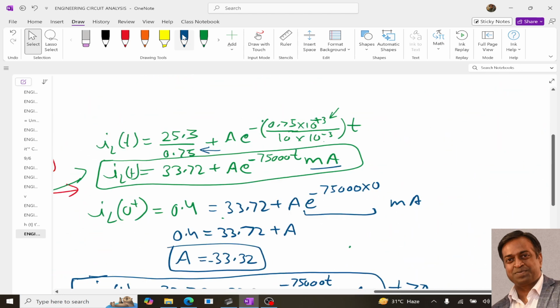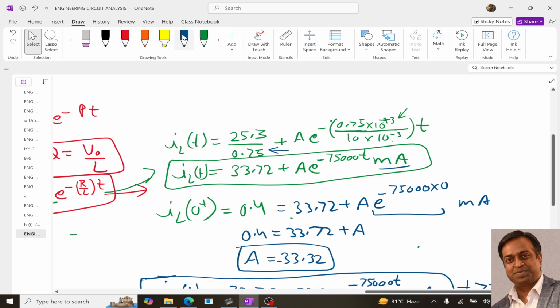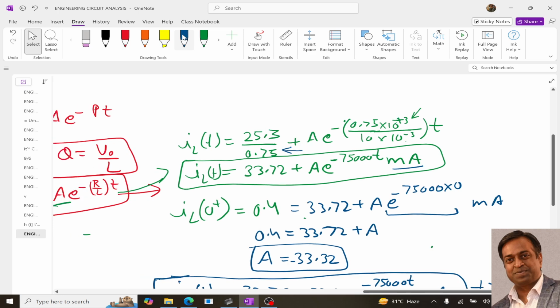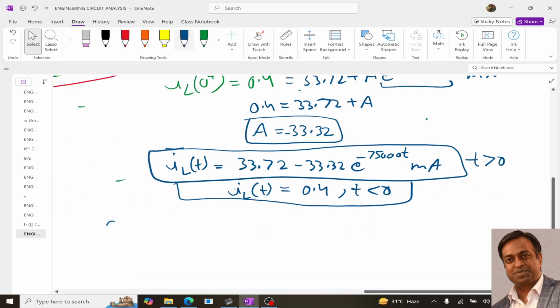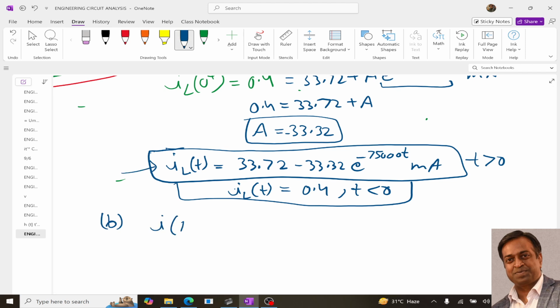So in the b part, in this equation we will substitute 10 microsecond, right? If you substitute in this expression minus 75,000 into 10 microsecond, since it is microsecond, you need to put 10 power minus 6, milliampere.